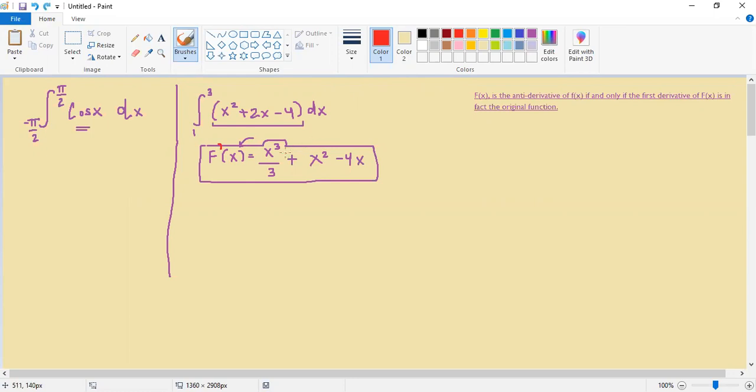We can understand that this may be the case because our second term is 2x in our original function, and in our antiderivative we have x squared. If we were to take the derivative of x squared, we would move the power out to the front and decrement the power by 1, and we'd arrive at 2x, a term which is also found in our original function.